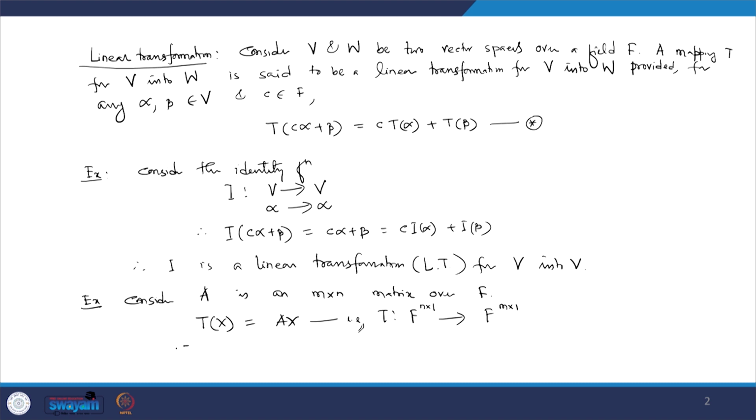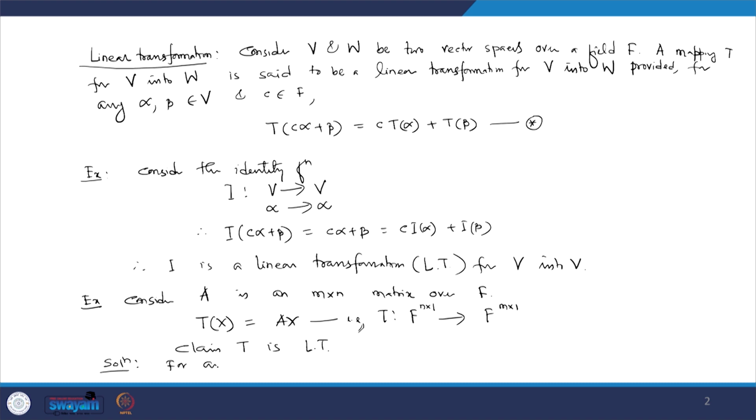Claim: T is a linear transformation from F n cross 1 to F m cross 1. So my vector space V is F n cross 1, whereas W is F m cross 1. The proof is very straightforward.